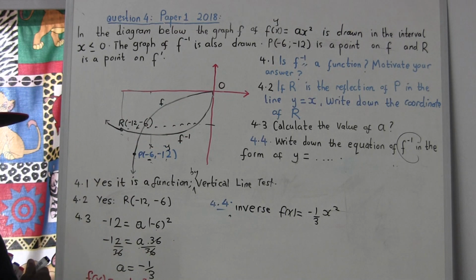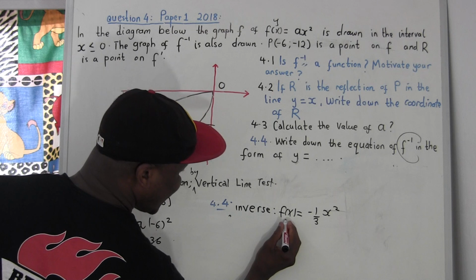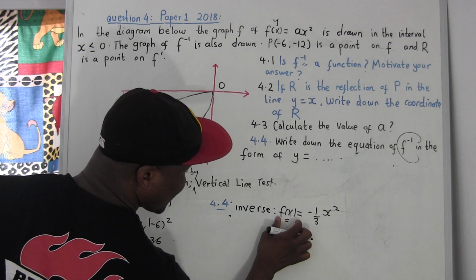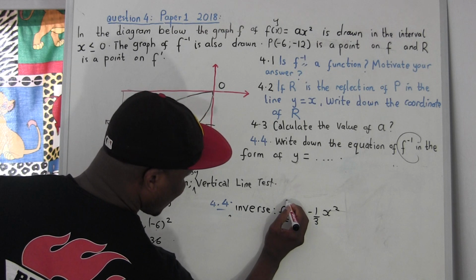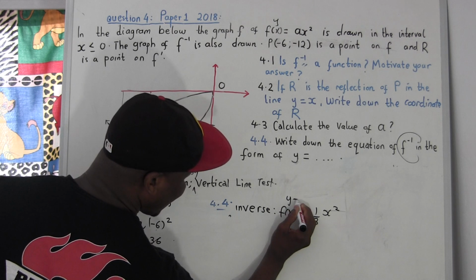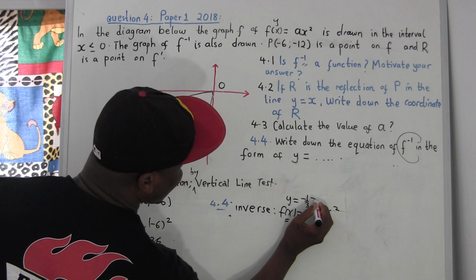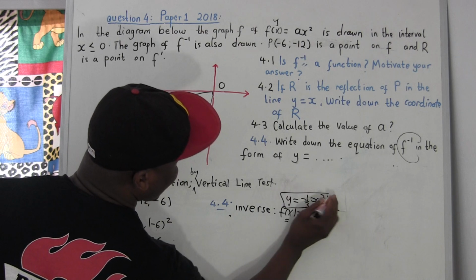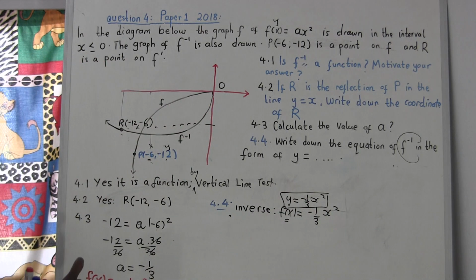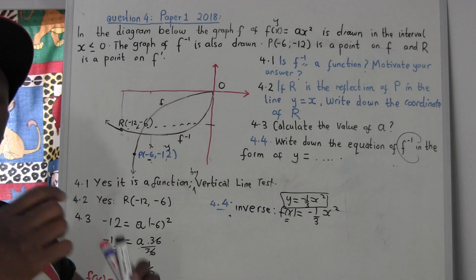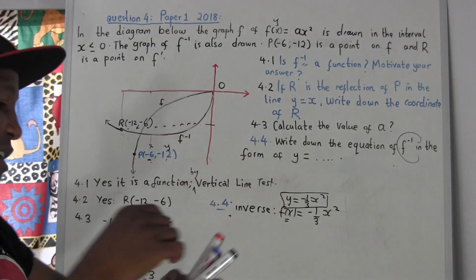Now, whenever you do inverse, you have to replace. You see, f of x means y. So this is y equal to negative 1 over 3 x squared. So now whenever you mention inverse, in the position of y, write x, and in x, write y.